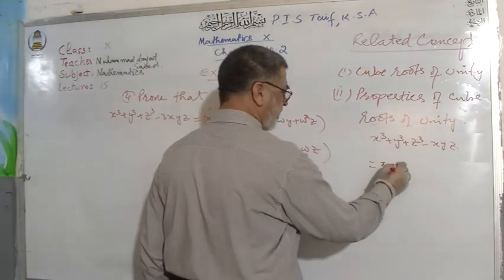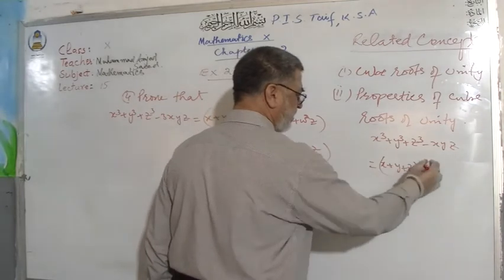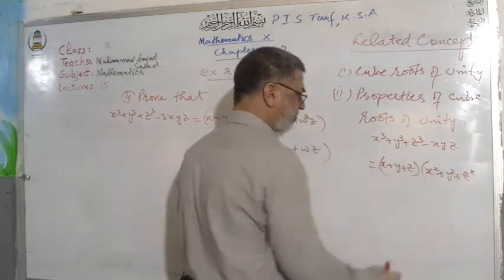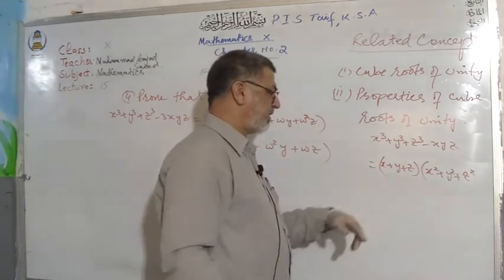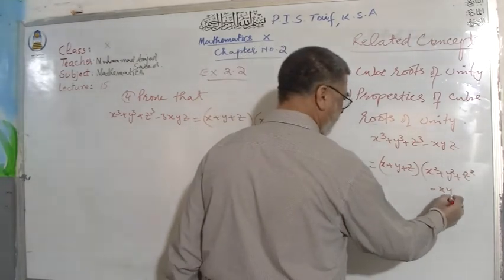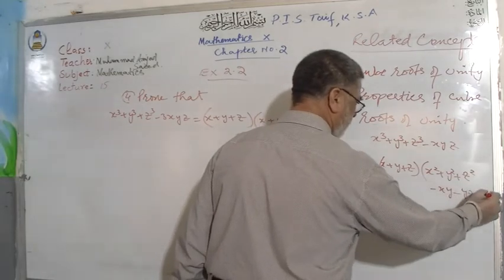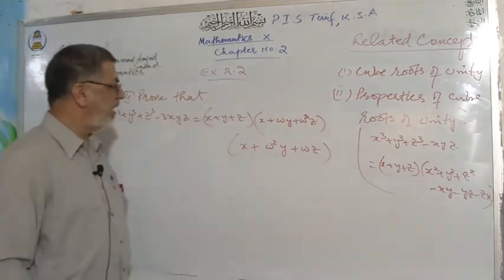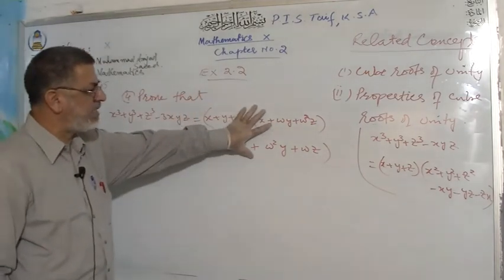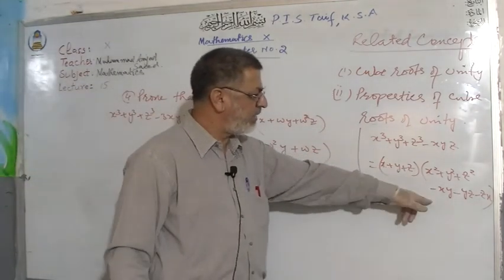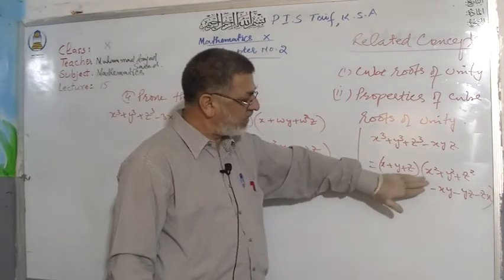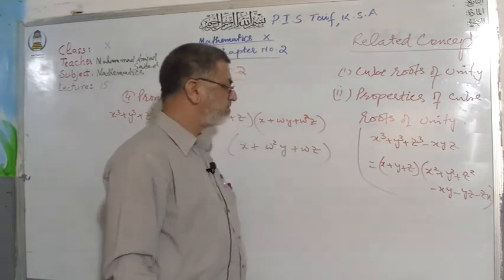The right hand side will be x plus y plus z into first square plus second square plus third square minus first second minus second third minus third first. Dear students, if I find right hand side, definitely it will be equal to left hand side. So this is our result in fact. This must be our answer.